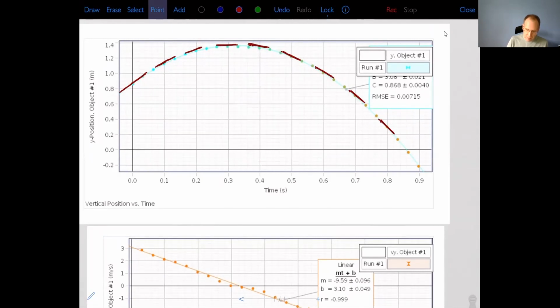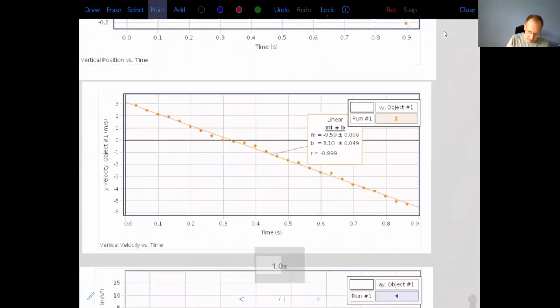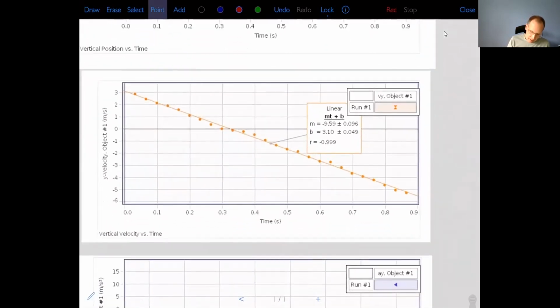And what do those slopes represent? They represent the velocity. The velocity starts off positive and it's decreasing. When the ball is at the peak, the velocity is 0. And then after the peak, the velocity becomes negative, more and more negative. So again, this graph reflects the slope of the previous position versus time graph.